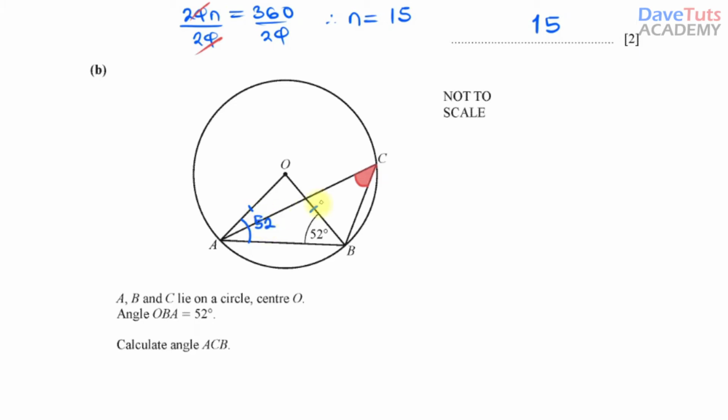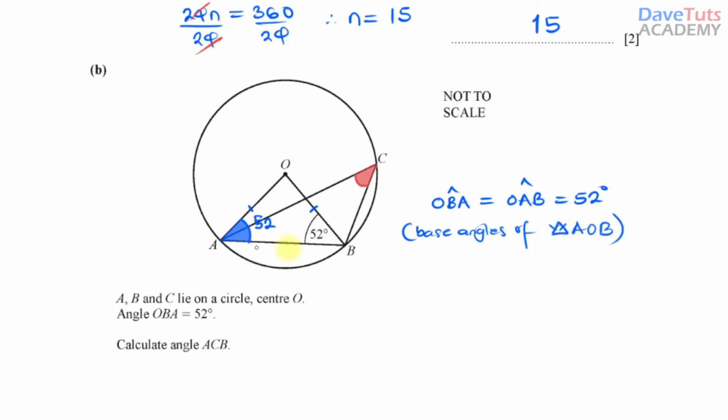Okay, I hope that is just clear that this angle here is also 52. And we are saying that because angle OBA is equal to angle OAB, which is 52 degrees, because they are the base angles of our isosceles triangle AOB.